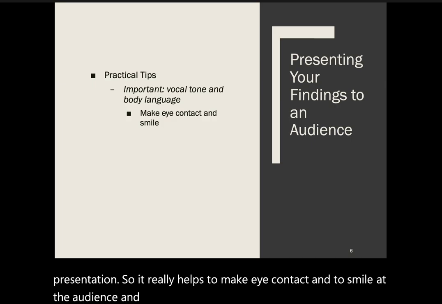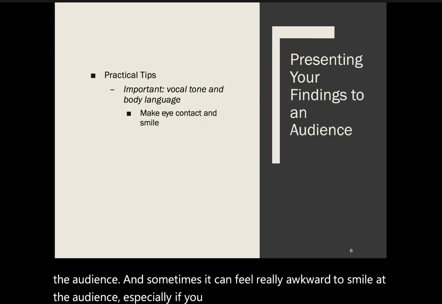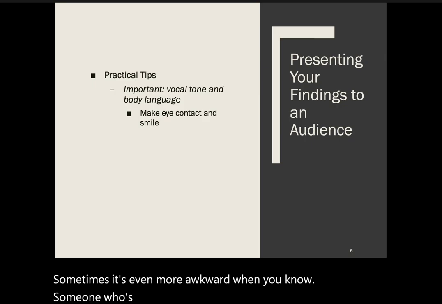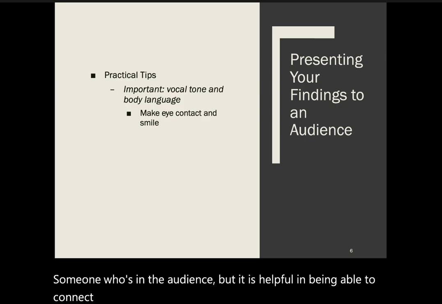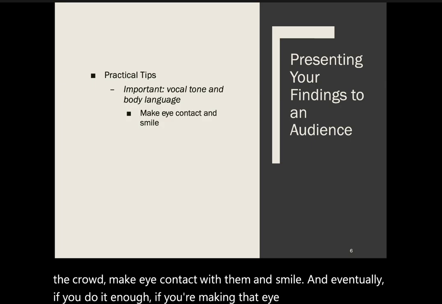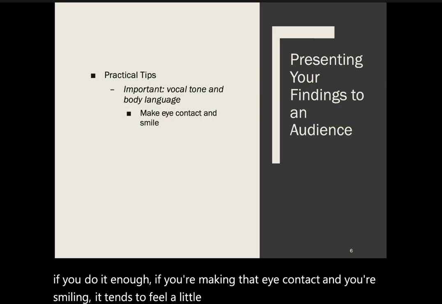Sometimes it can feel really awkward to smile at the audience, especially if you don't know anyone there. Sometimes it's even more awkward when you know someone in the audience. But it is helpful in connecting with your audience if you're able to pick people out in the crowd, make eye contact with them, and smile. And eventually, if you do it enough, it tends to feel a little bit more natural, or at least seem a little bit less forced.